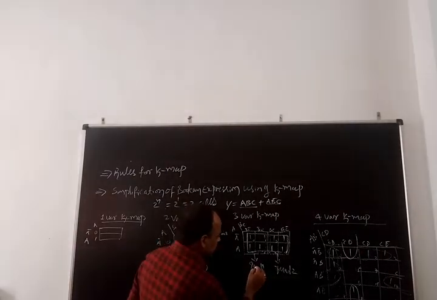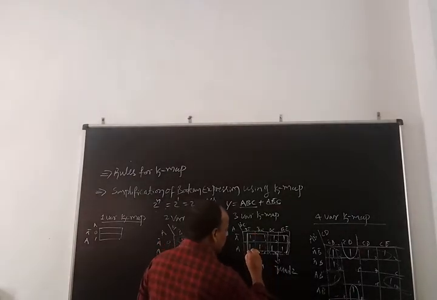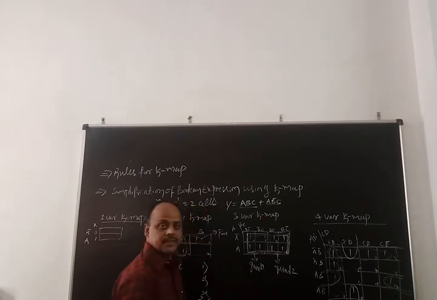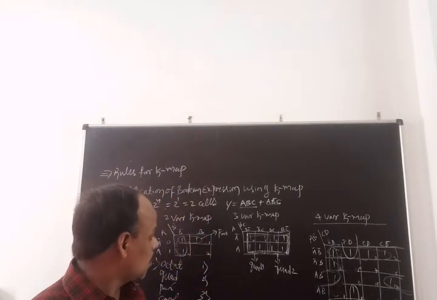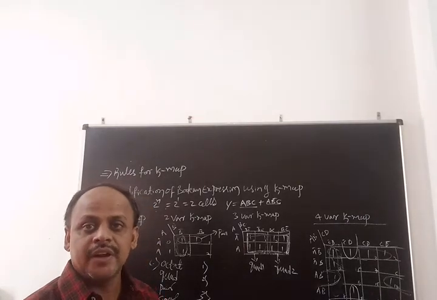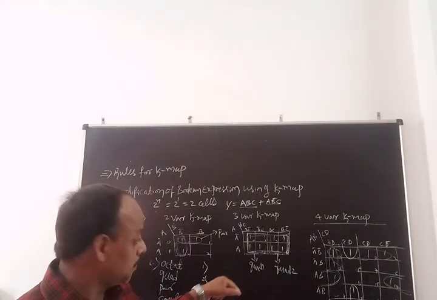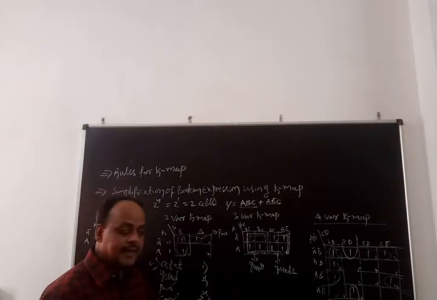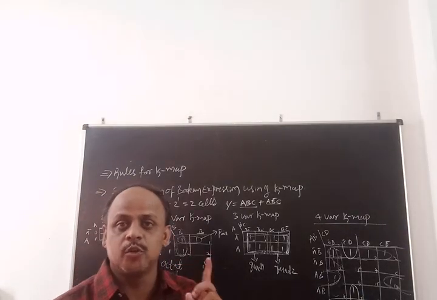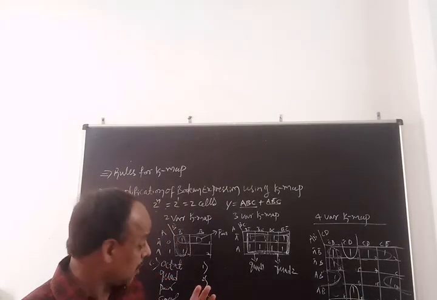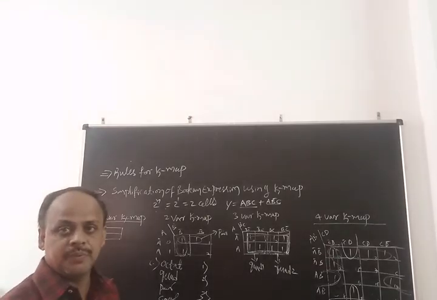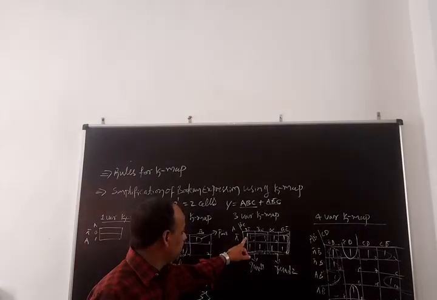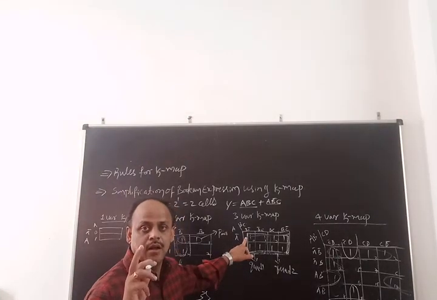Instead of making 2 quads, we take only 1 octet. If we consider 2 quads, the number of groups becomes 2. If we consider an octet, it becomes only 1 group. So the last rule says there should be as few groups as possible, so we consider only 1 octet.